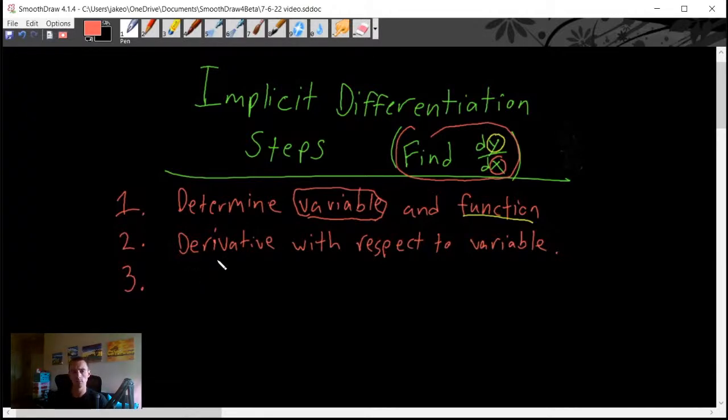Okay, so then once you've taken the derivative with respect to whatever your variable is, what you want to do is move all of your terms that contain dy dx over to one side of your equation, and move all of your terms that do not include dy dx over to the other side. So basically separate your dy dx terms and your non-dy dx terms. Get them each separated on each side of the equation.